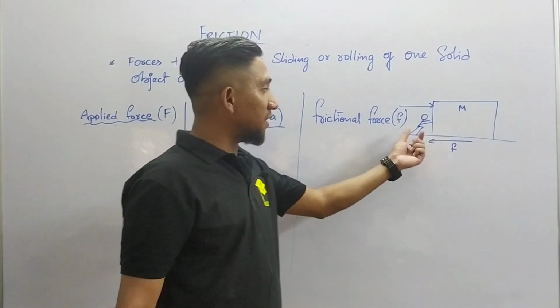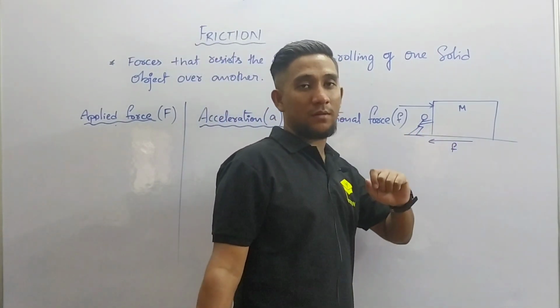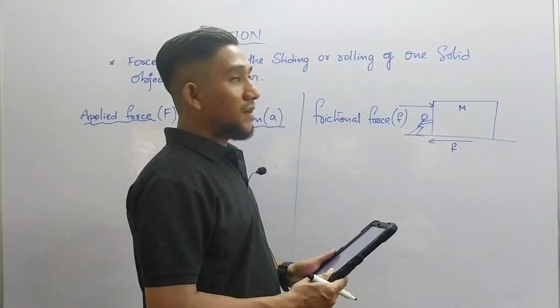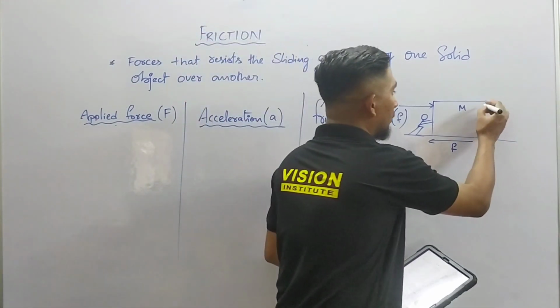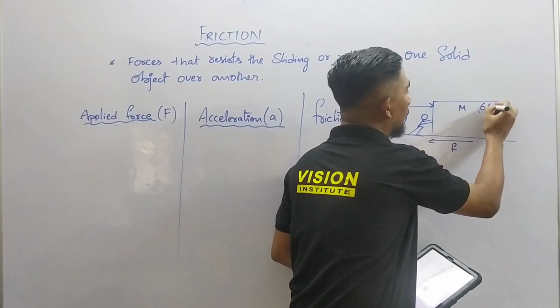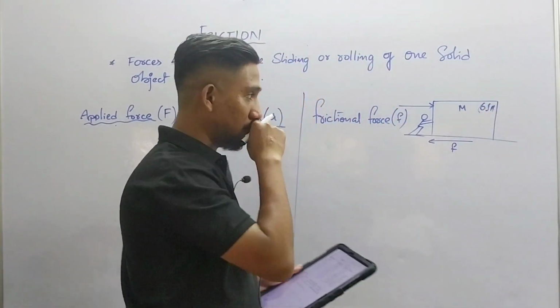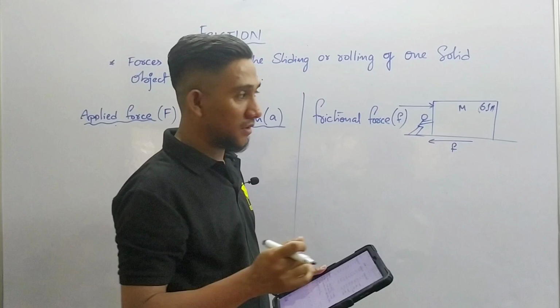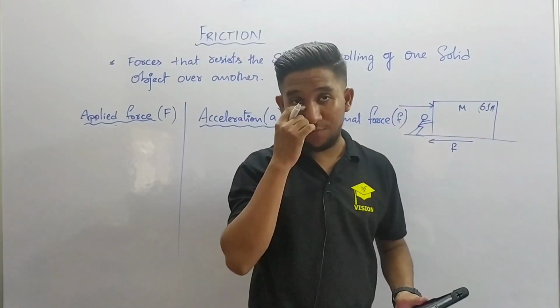Let's imagine there is a person who is trying to move this block, and let's say the minimum force required to move this block is 61 Newton. For example, if you apply 61 Newton, then this block moves.